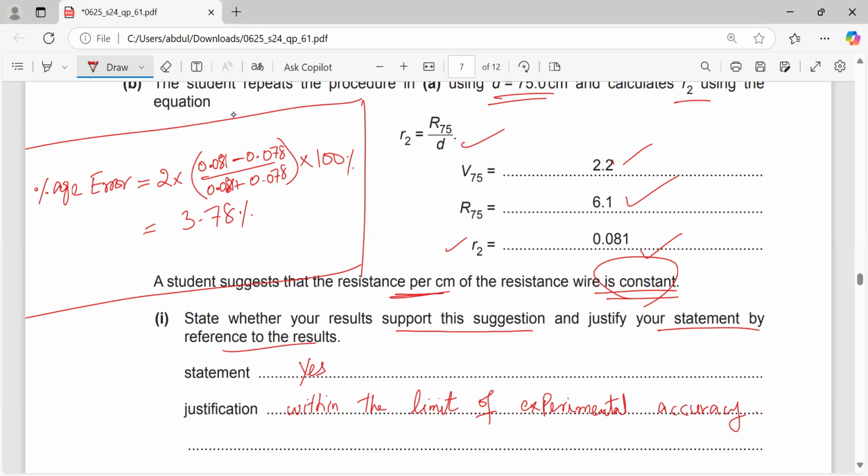When to write this? When your percentage error by using this rule is more than 10%. And luckily sometimes, by chance, our answer is 0.081 and their answer is also 0.081, then simply write in the statement yes, don't write limit of experimental accuracy, simply say they are both equal, like this.